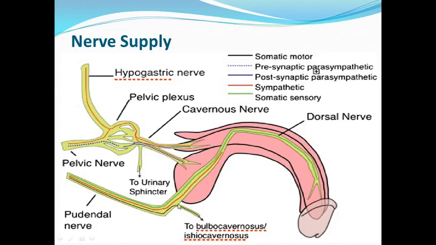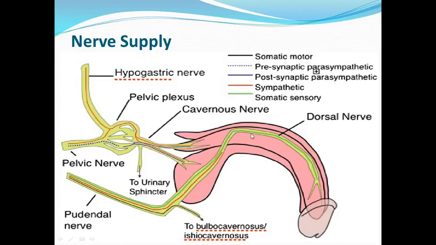The red one is the sympathetic nerve fiber and the blue one is the parasympathetic nerve fibers. The dotted one is the presynaptic and the blue lines are the postsynaptic parasympathetic. The sympathetic nerve fibers generally play the role of vasoconstrictors. The parasympathetic nerve fibers, which derive from the pelvic plexus with root values S2, S3, S4, are generally vasodilators.